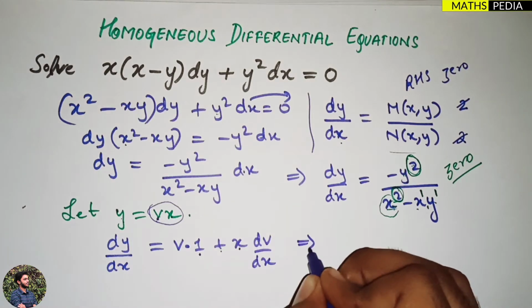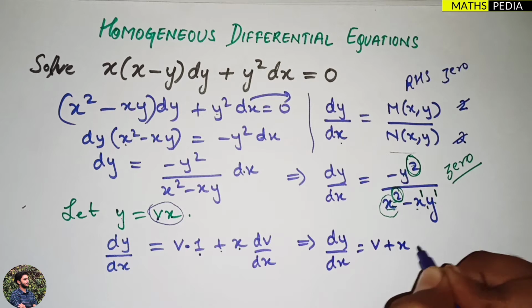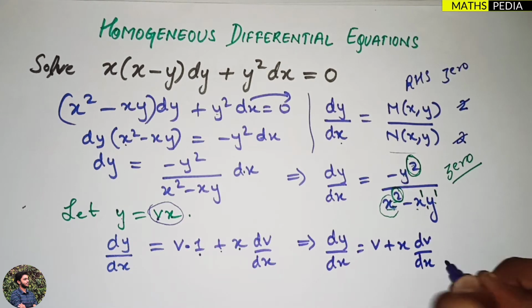So dy by dx is equal to v plus x into dv by dx.